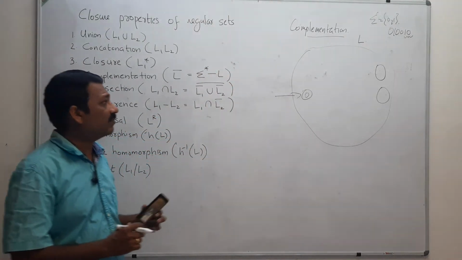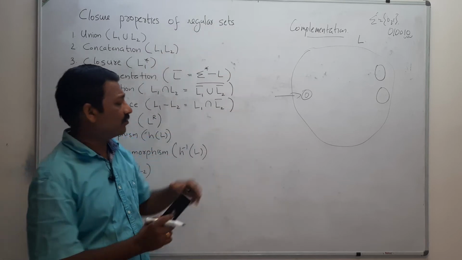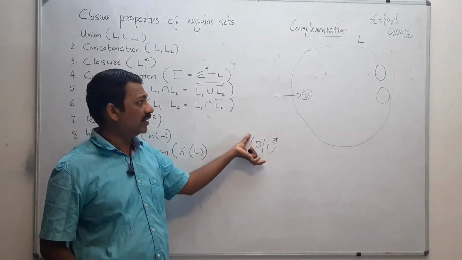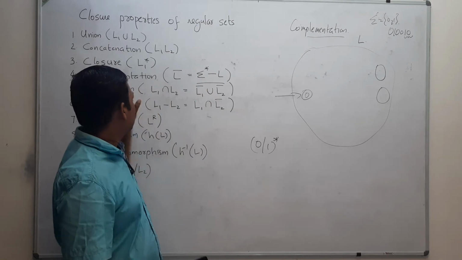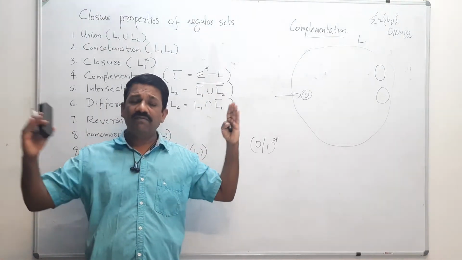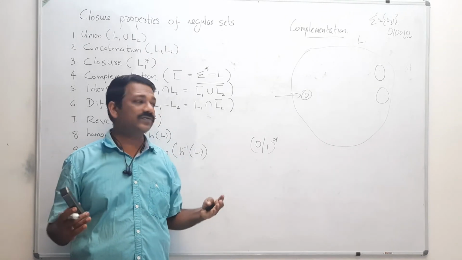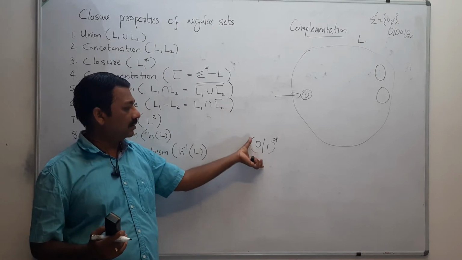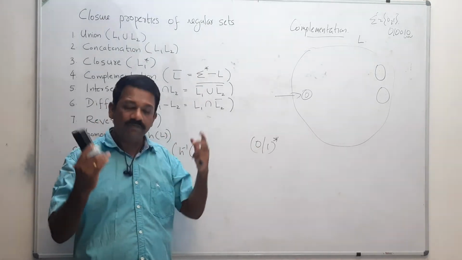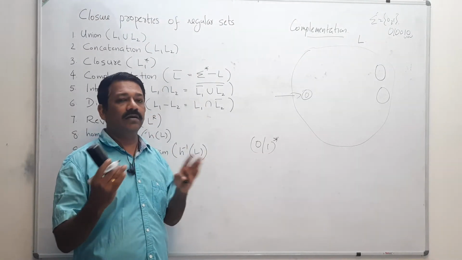That means sigma star minus L, where sigma star is the closure of 0 over 1 star, that is, all binary strings minus L. L is a language, and its complement is sigma star minus L. You have an input alphabet and an infinite number of strings that can be created from symbols of sigma, with too many possible permutations.